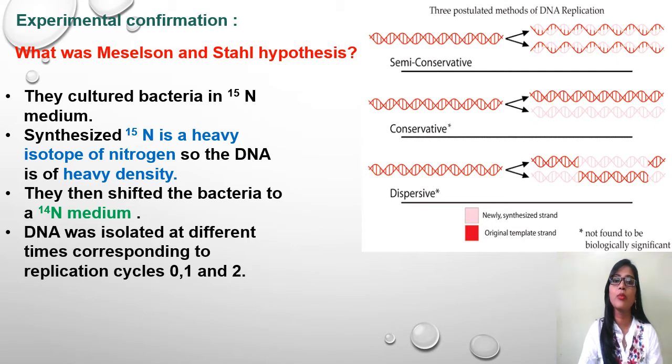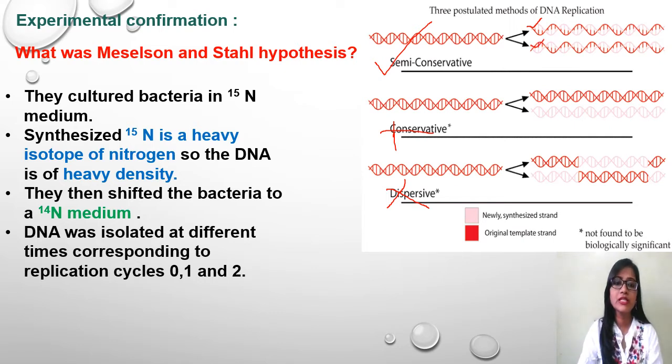These two postulates were not used by the scientists, neither the dispersive nor the conservative. So Meselson and Stahl proved that the correct method of DNA replication is the semi-conservative replication. Here you have one newly formed strand and one old strand.